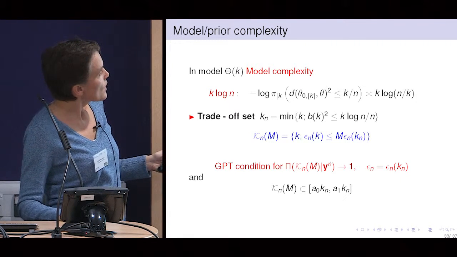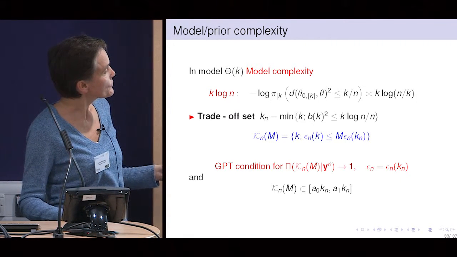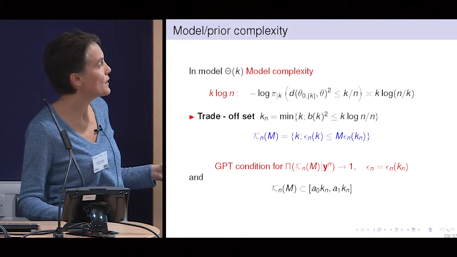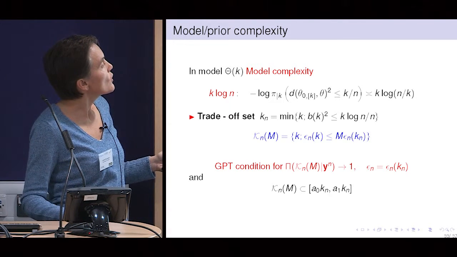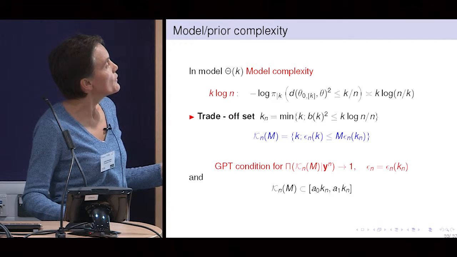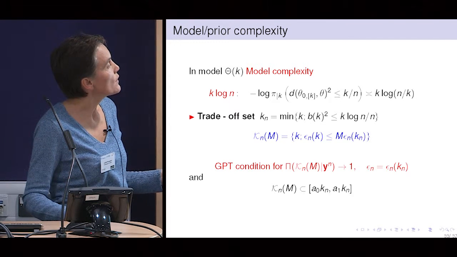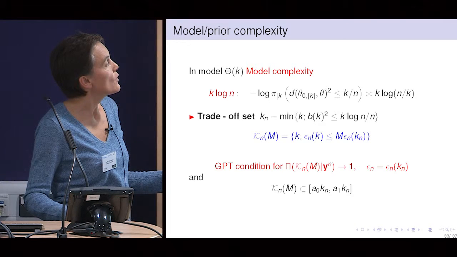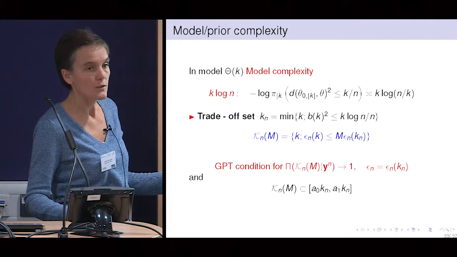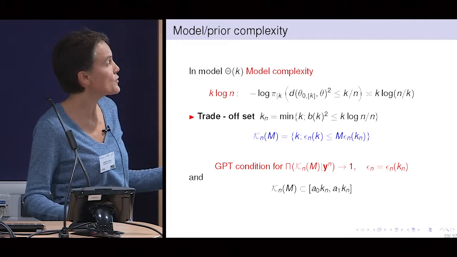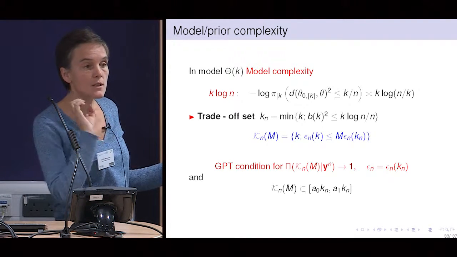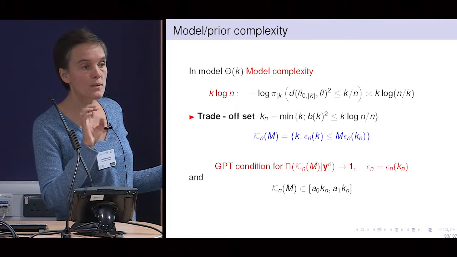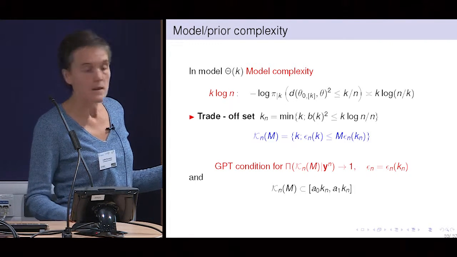It's because if you have something that looks like a Euclidean distance, locally at least, and you look at the log of the prior mass of neighborhoods of order k over n, then it's a bit like minus k log n. So this k log n essentially comes from the prior mass of neighborhoods of the truth. And this is the key quantity to understand the behavior of the marginal likelihood, essentially.